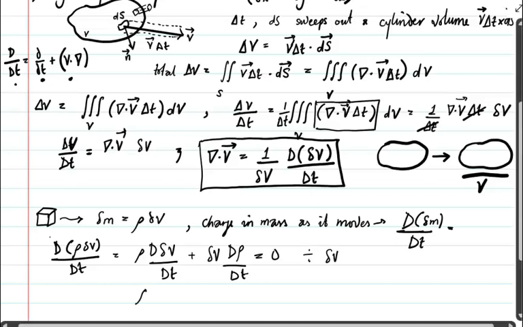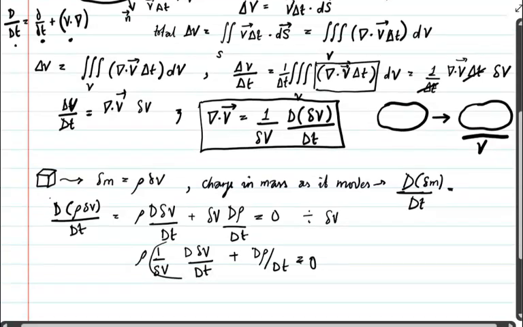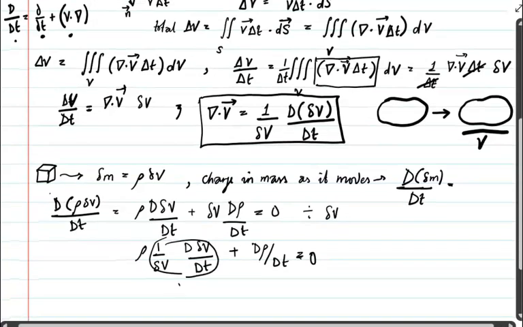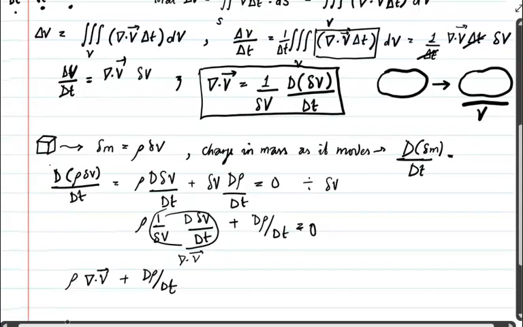We have rho times 1 over δV D(δV)/Dt plus D(rho)/Dt equal to 0. However, this we found earlier to be equal to the divergence of the velocity. Therefore, we can write rho times the divergence of velocity plus D(rho)/Dt is equal to 0.